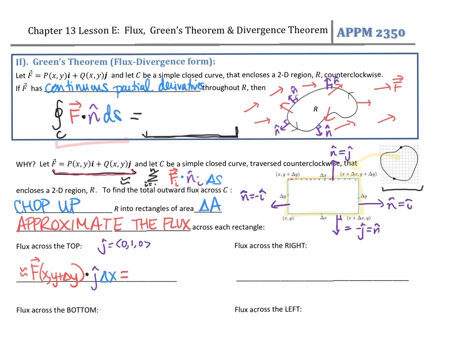I'm just going to get the j component of the vector field, which is Q, evaluated at that left corner, (x, y plus delta y), and then times delta x. So go ahead and put this on pause and see if you can find the flux across the other three sides, and then we'll come back together.